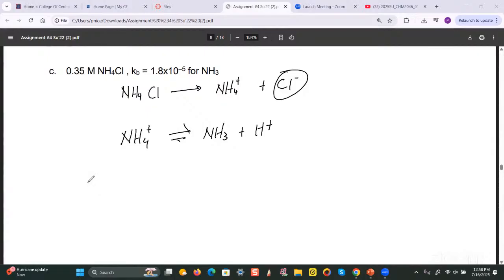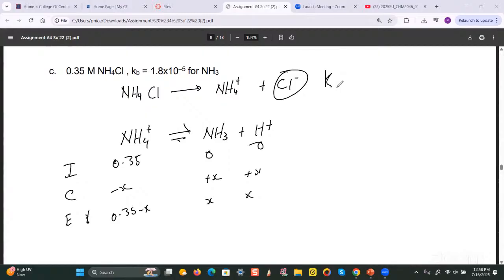So basically, we're going to set up an ICE table just like we did before. We're going to have 0.35 here, 0 here, 0 here. The change is minus X here, plus X here, plus X. And then at equilibrium, you're going to have 0.35 minus X here, X here, X here. And therefore, we can write down the Ka expression because this is acting as an acid.